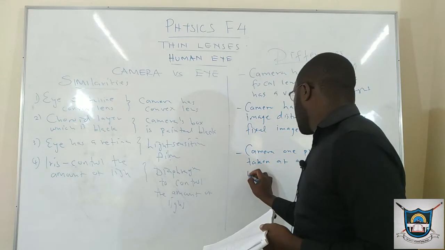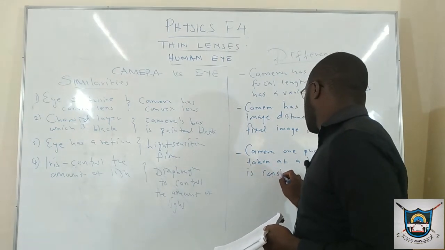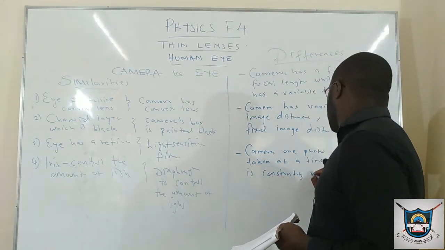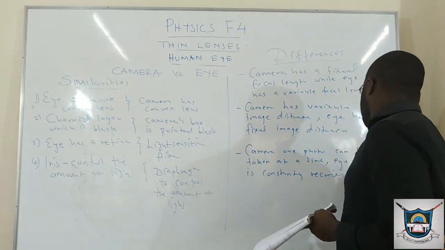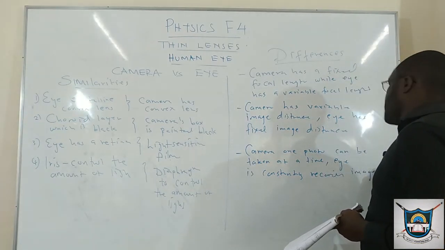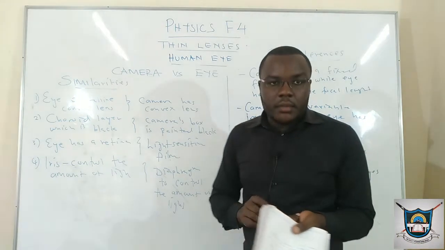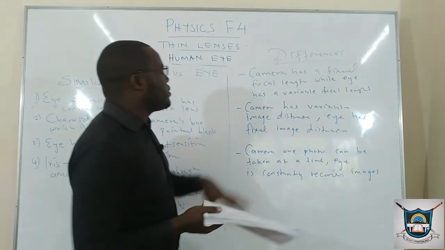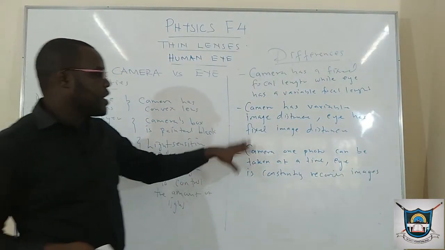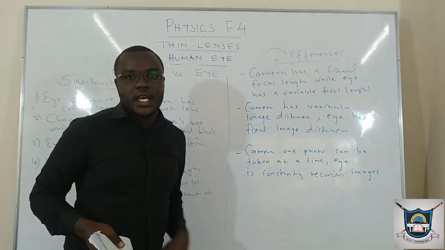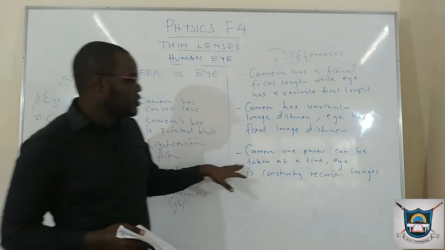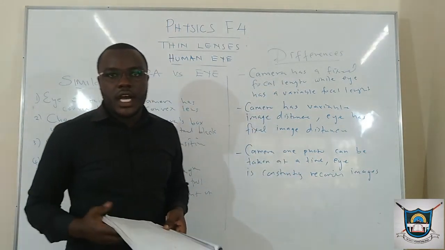The eye is constantly recording images onto our retina. But remember, we are talking of very old cameras. These days we have advanced ones that can overcome all this. But long time ago, cameras could only take one photo at a time.